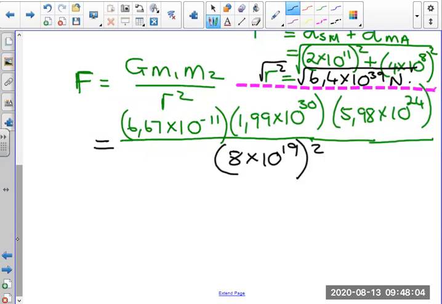I got an answer of. And then you can put in ENG to get the engineering for that. And then you will get your answer. Let's just work this out again. So I get 2 exponent 11 to the power of 2, because I think this plus 4 exponent 8.